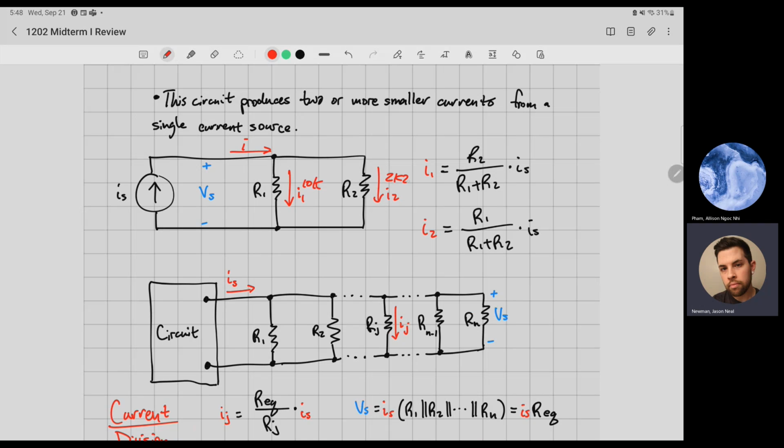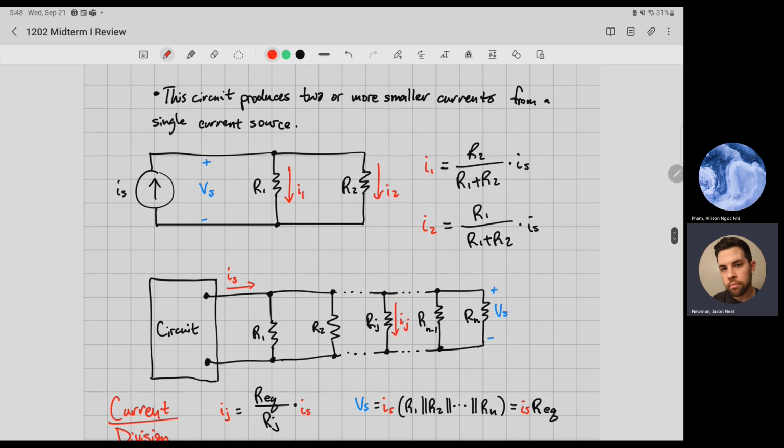The answer is it's going to go both ways, but more towards this way because 2K is less than 10K. Current likes to pursue the path of least resistance. Once current hits this node, it splits off into both directions. Now you're going to have I1 and I2, 2 different currents. So if you have a big current and you want to divide it amongst many parallel branches, that's how you do it.